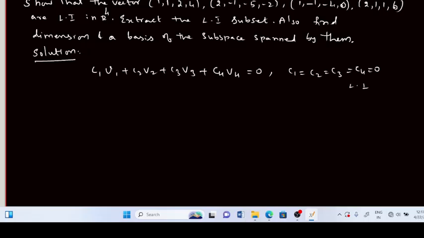Then it is linearly independent. Suppose any of the values are not equal to 0, then we call it linearly dependent.